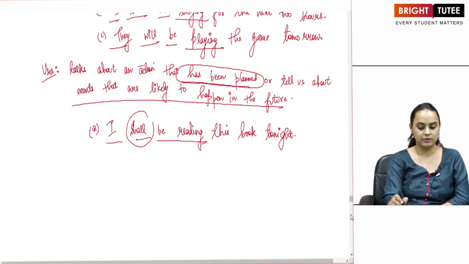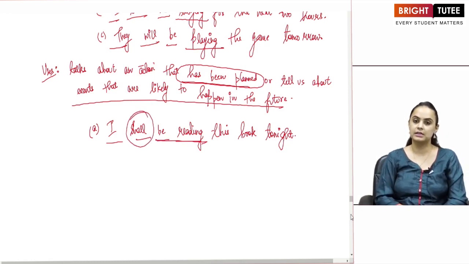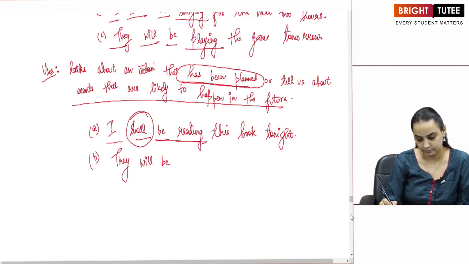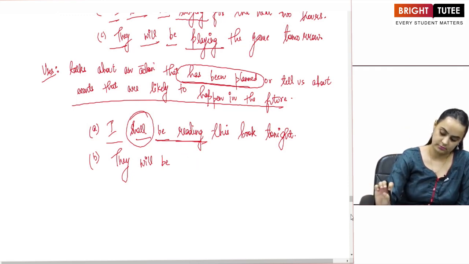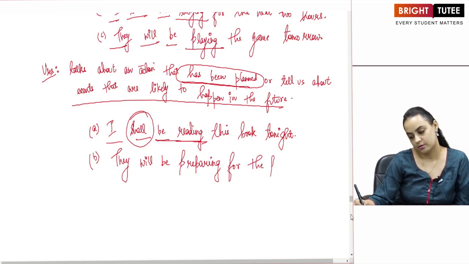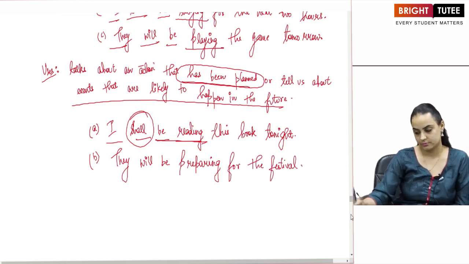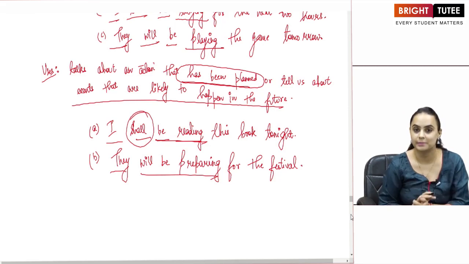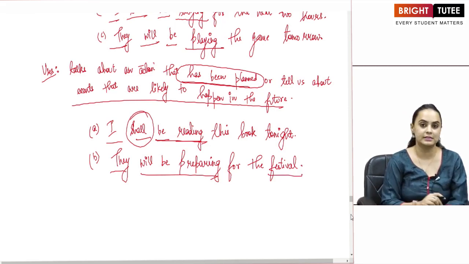Another example: they will be preparing for the festival. So this is again an event that will take place in the future. There is a festival coming up and they will be preparing for it soon.